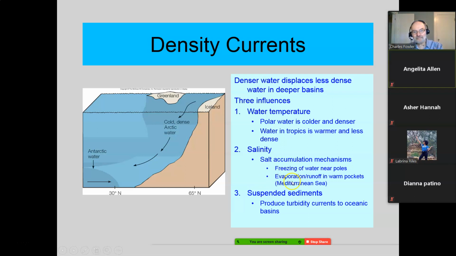Now, we also have evaporation effect. That would be more near the equator and in other warm areas, and now you're losing water to evaporation, making it denser because of salinity. But on the other hand, you have water running off of land, which is mostly fresh water.